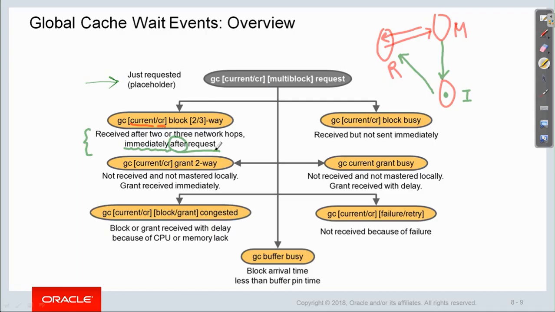Okay. Now another one is global cache current and consistent read block grant two-way. The idea is we have a 1, 2, 3 node cluster, and the data requested by the requesting instance is on the physical disk. So this is a requesting instance, this is a master instance, and this is another instance.